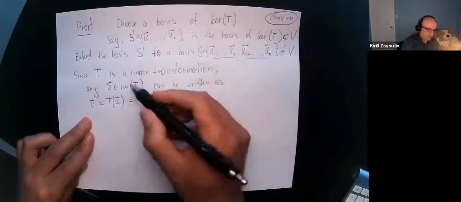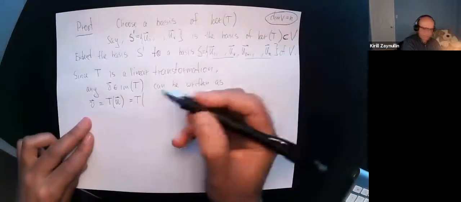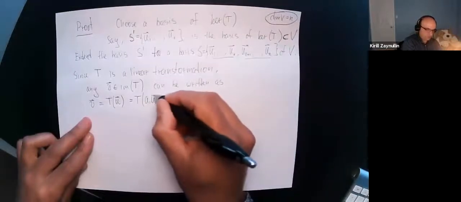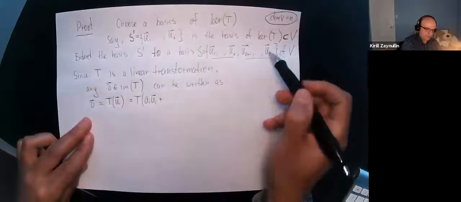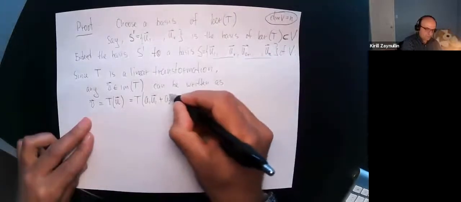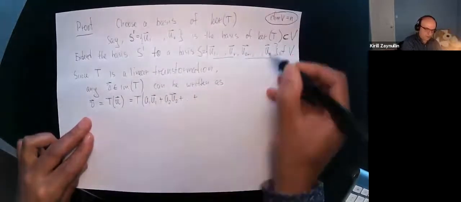So T of, and here we write a linear combination, A1 U1 plus A2 U2 plus up to the very last one, An Un.